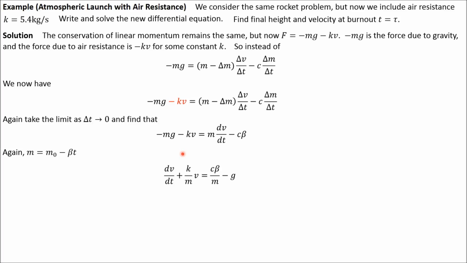It looks like I did a significant amount of simplification here. I moved a bunch of stuff around. It looks like I divided both sides by m as well. And so in the end I didn't do much. I just moved this over to the left-hand side.